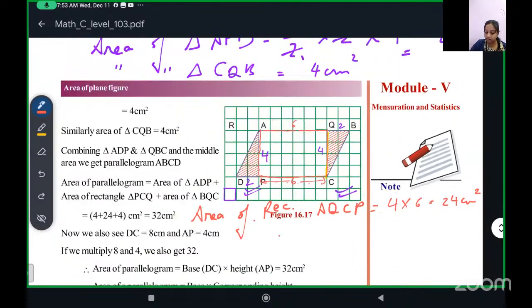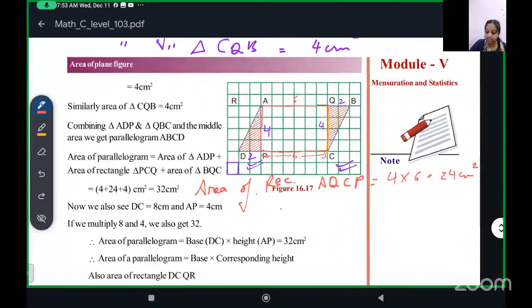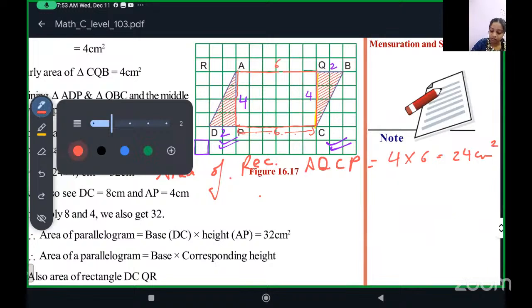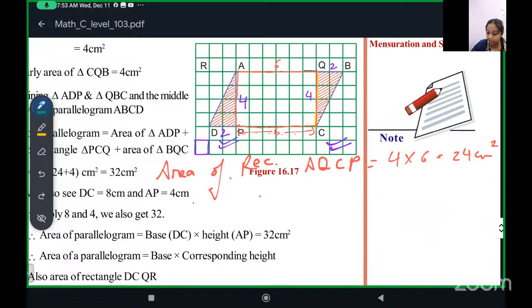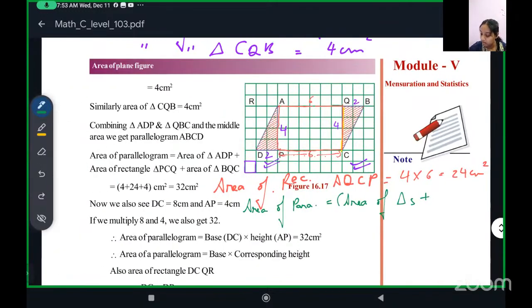So to find the area of the parallelogram, we will add the areas: area of parallelogram equals area of triangles plus area of rectangle.